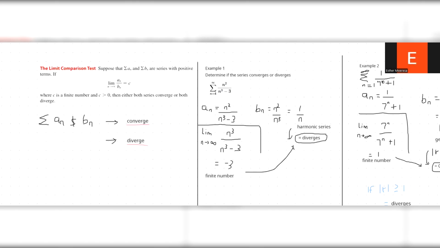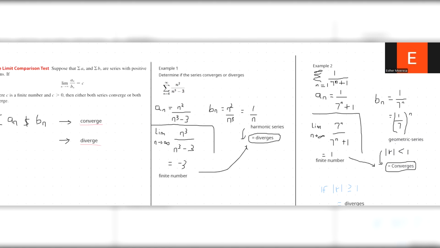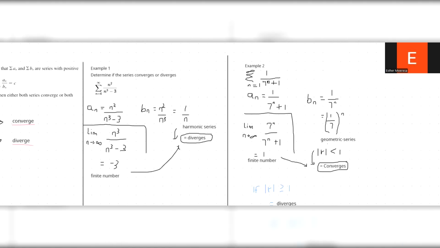So example one, determine if the series converges or diverges. We have n squared over n to the power 3 minus 3. So as n approaches infinity, the 3 at the denominator becomes insignificant.